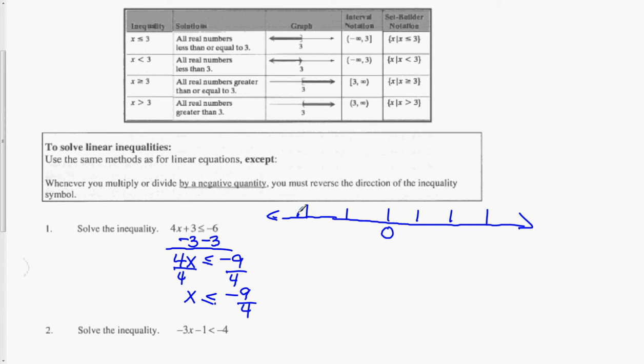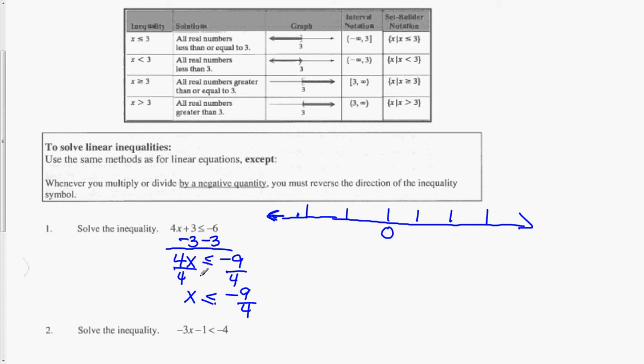Now, I need to represent all the numbers that are less than or equal to negative 9/4. Well, that means all the numbers to the left of negative 9/4 would be an answer. There's a couple of different ways to represent that. On a number line, we are going to look at something called interval notation, and we're going to show interval notation in picture form.